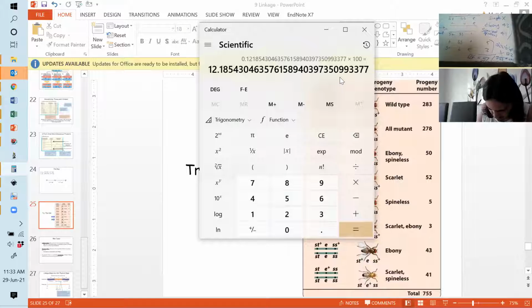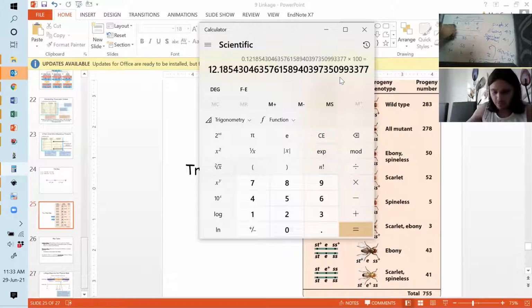Okay, so those are recombination frequencies for those different genes. And then the last step is simply to put in the distances.